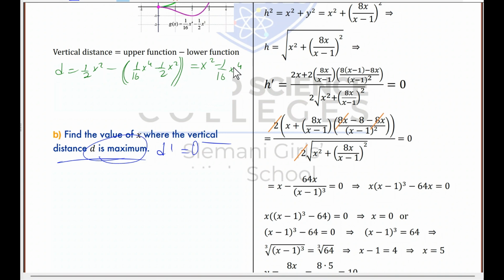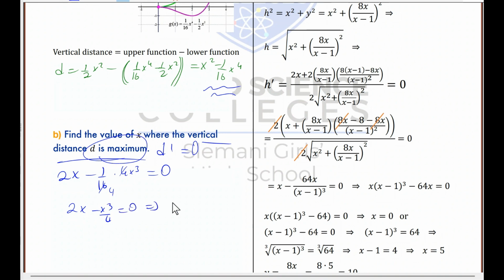So we need derivative of distance being 0. So take the derivative of the distance that we found in the previous part. Derivative of x squared is 2x, minus 1 over 16. Derivative of x to the fourth is 4x cubed, which is supposed to be 0. Let's do some simplification. 2x minus x cubed over 4 is 0.